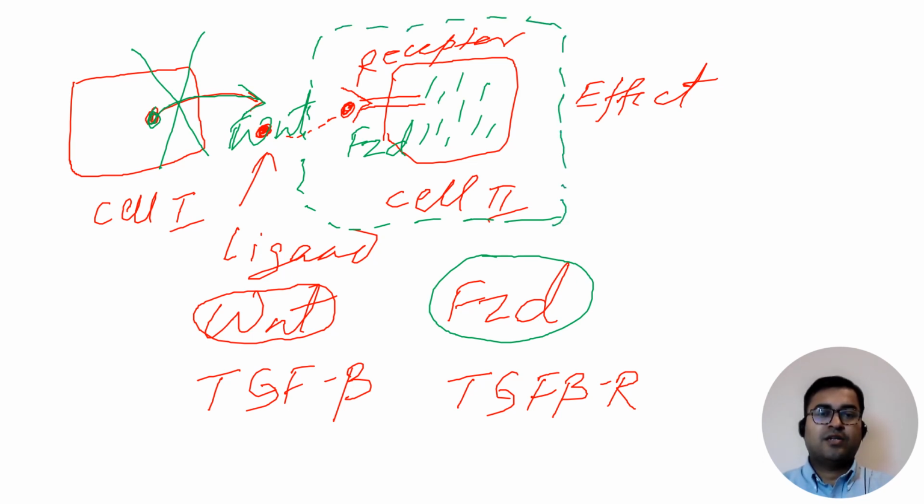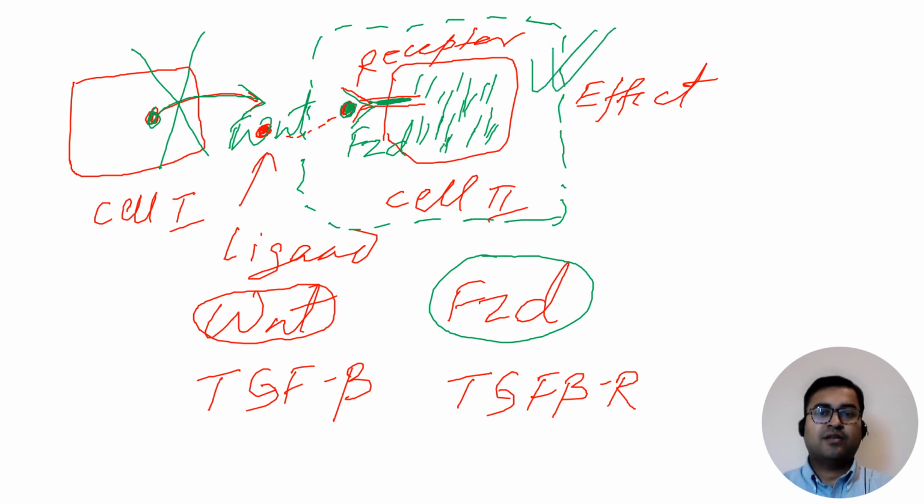So in each of the cell signaling topics that we discuss, generally we start with this ligand binding to the receptor, and then this ligand and receptor interaction has some physiological or metabolic effect on this cell.